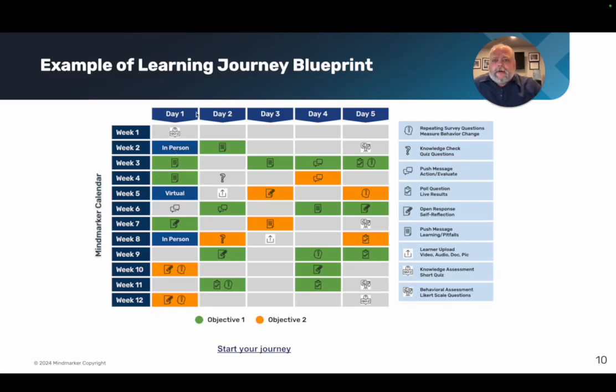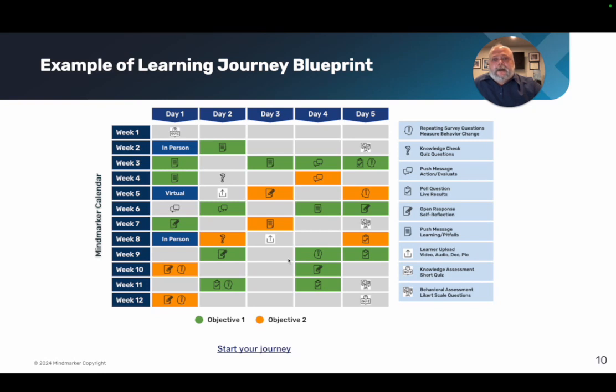For this program, we start with a knowledge assessment so we can empower the facilitator or the coach in that first initial in-person session to know where they need to spend more time and where they might be able to spend a little less time, so they can focus on the needs of the group. Then we color code all of the different mind markers based on the learning objectives.